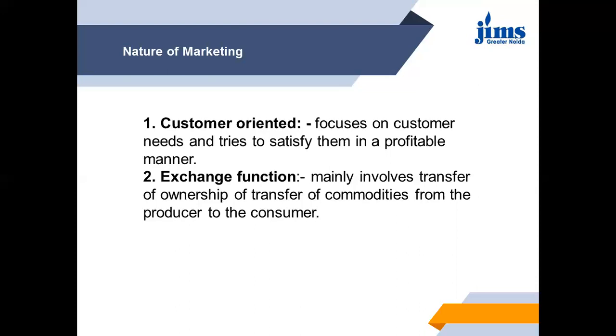But that has no use unless these goods are exchanged and there is a transfer of ownership between producer and consumer. The goods are otherwise useless. Therefore, marketing makes sure that the goods produced and kept in the warehouse reach the market well in time so that they can be sold to the ultimate owners, that are consumers. Therefore, marketing is also called an exchange function.